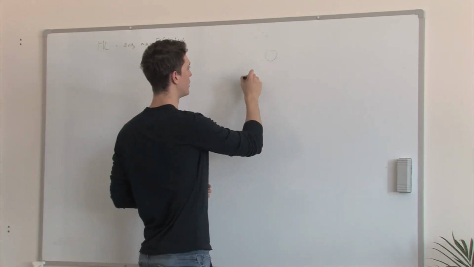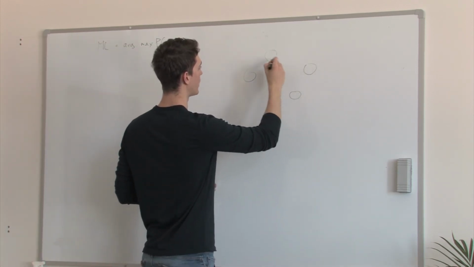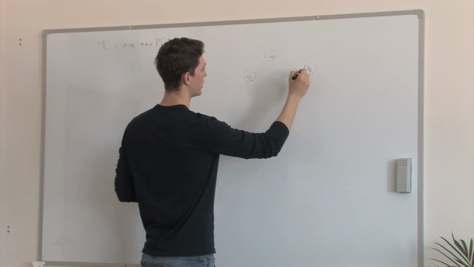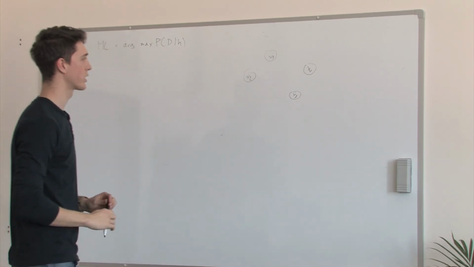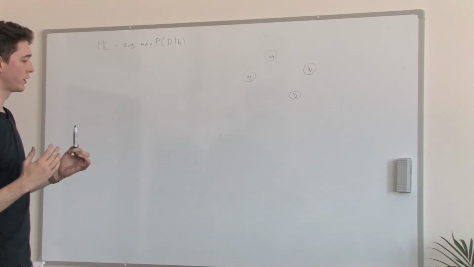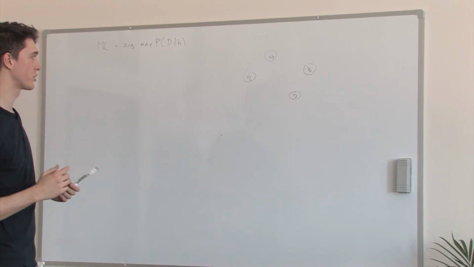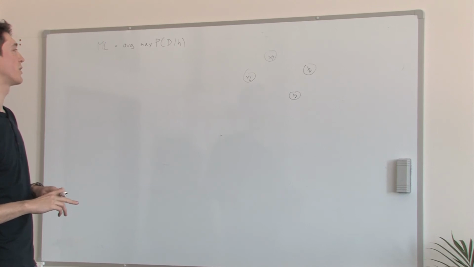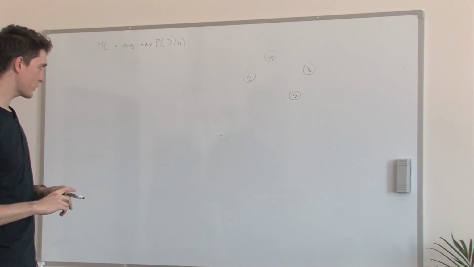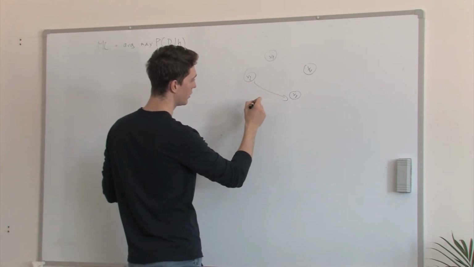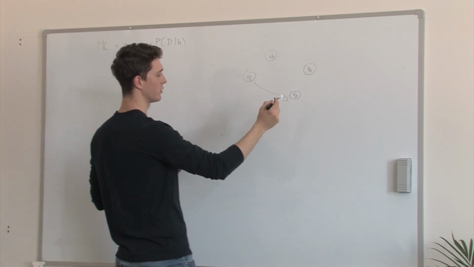You have, let's say, 4 variables, and the structure has 4 nodes. But how do you create the edges in this graph? So basically, it is a state space search, which means that you just try to add the edges.